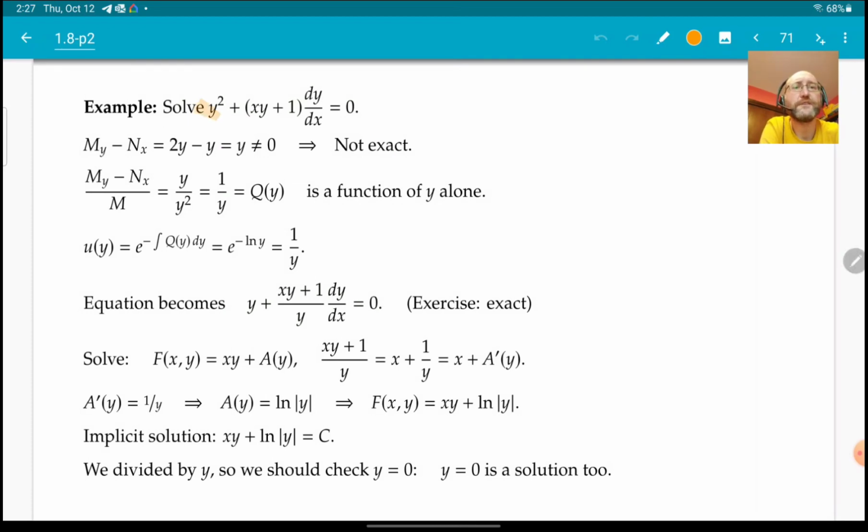If y is 0, this is 0, this is 0, and dy, well, it doesn't really matter that this is 0. Mainly dy/dx is 0, because y is a constant, so its derivative is 0. So yes, this equation is satisfied. So that's a solution too.